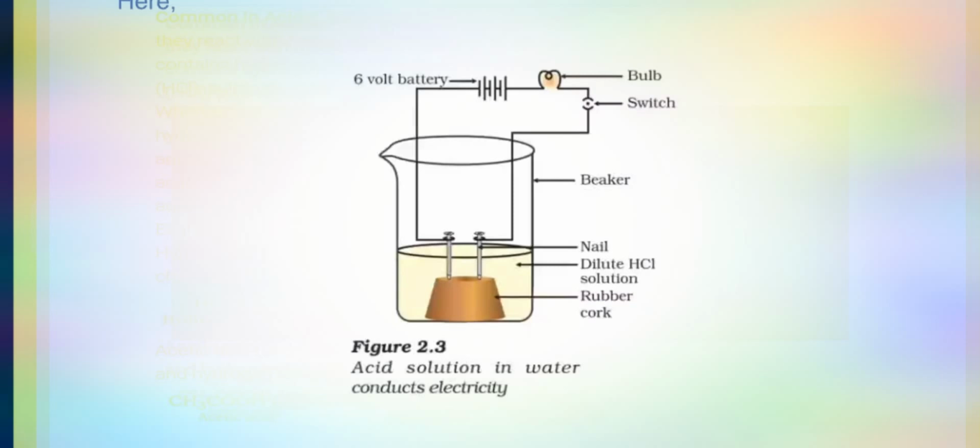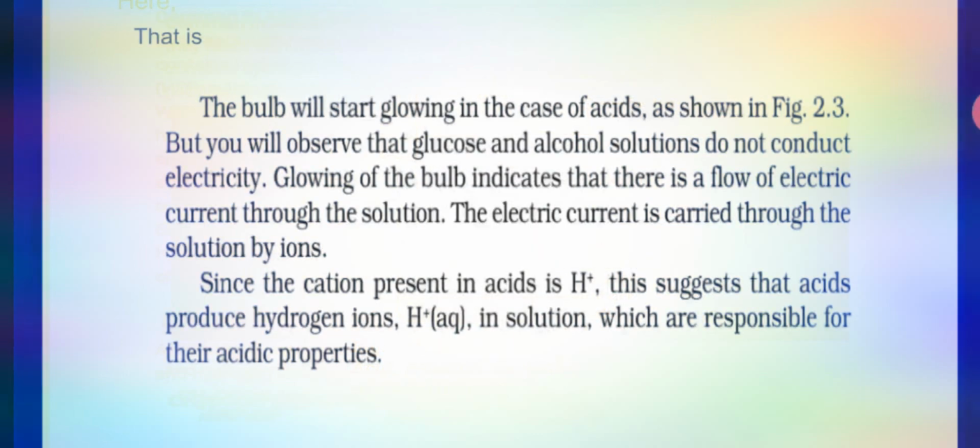So children, we can prove this through an experiment. You can see a beaker containing dilute hydrochloric acid solution, and electricity passes through it. Then the bulb glows. The bulb will start glowing in the case of acids. When we take glucose or alcohol instead of hydrochloric acid in the beaker, we cannot see the bulb glowing. That means they do not conduct electricity.